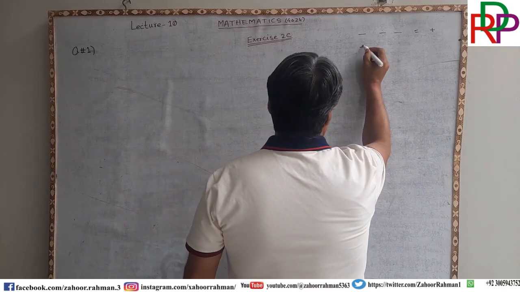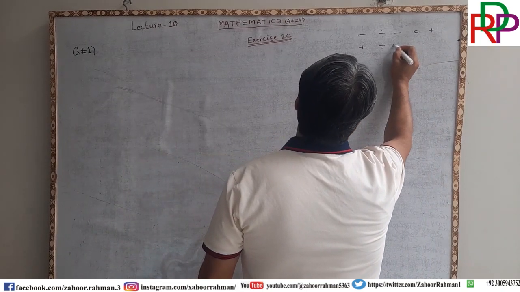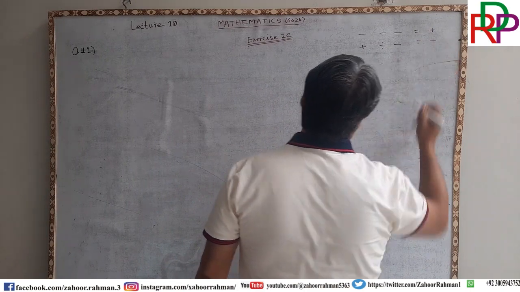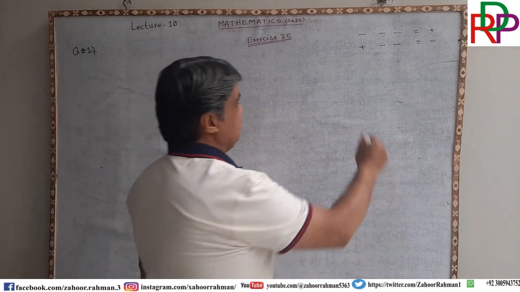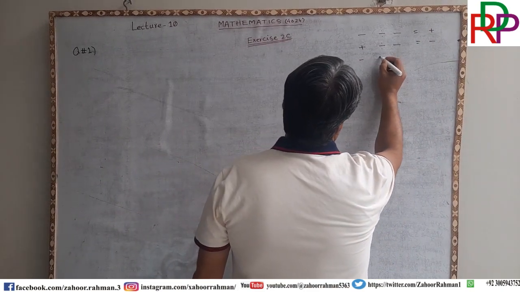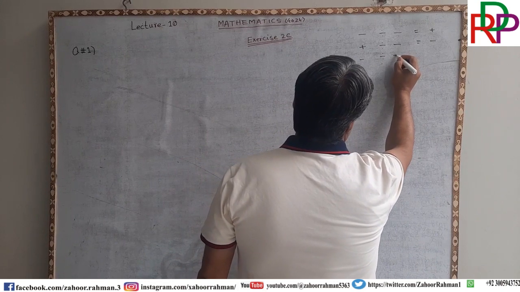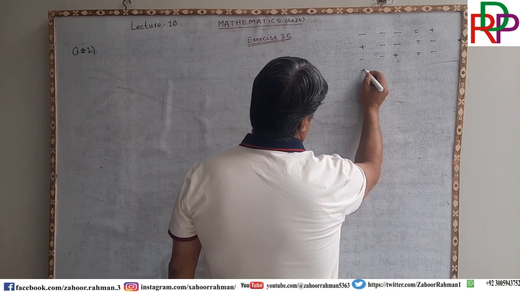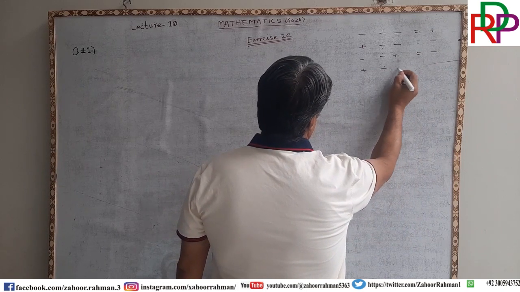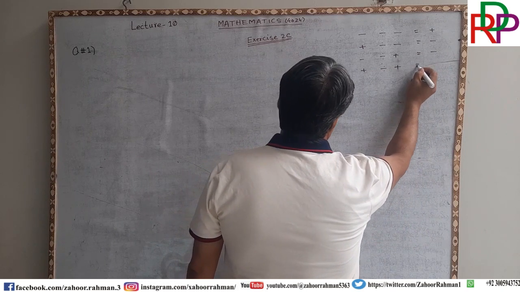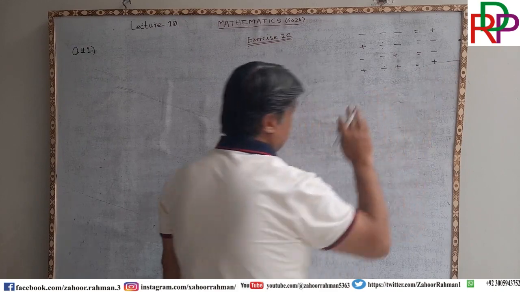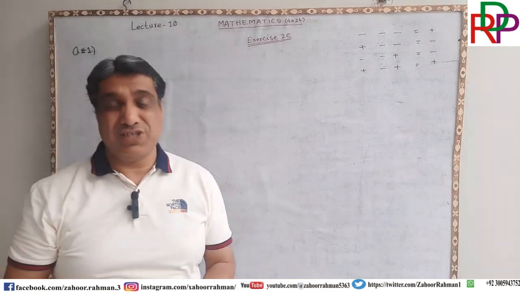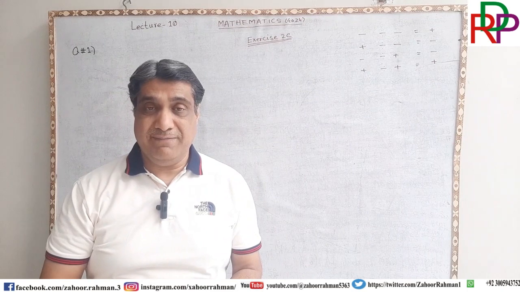When a positive number is divided by negative, it will give you a negative number. Similarly, when a negative number is divided by a positive number, it will give negative number. Similarly, when positive number is divided by positive number, it will give positive. So you must keep these rules in mind.